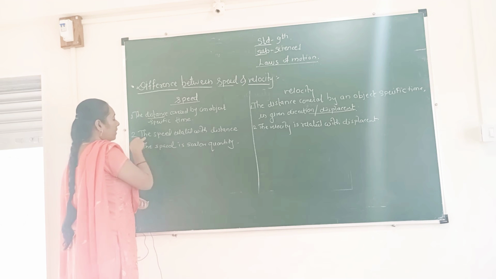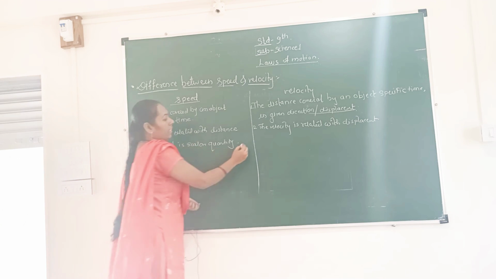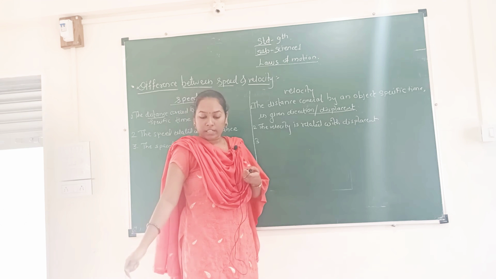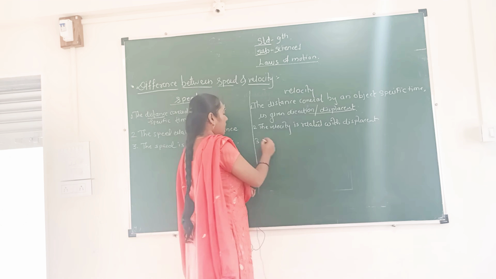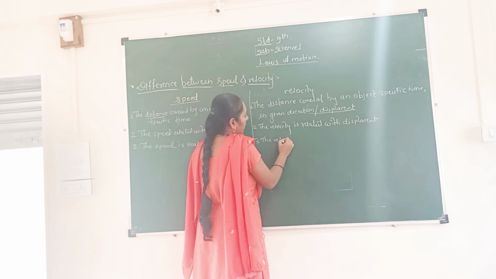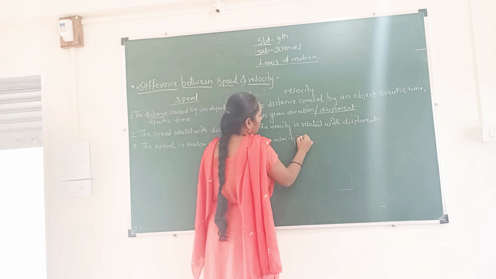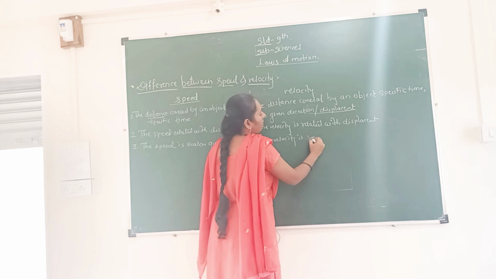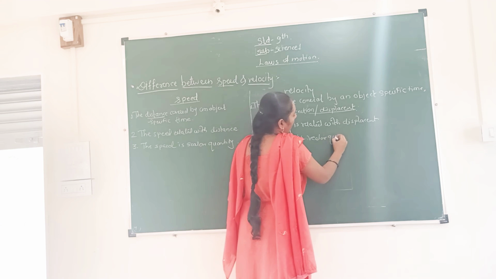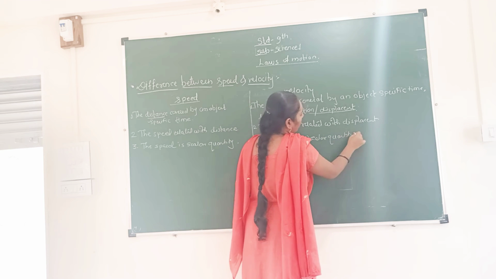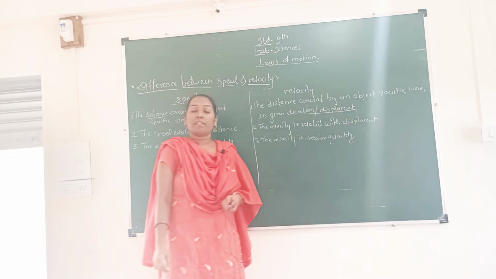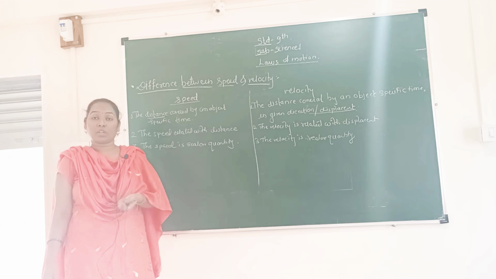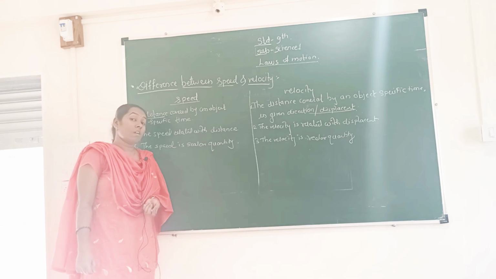And if the velocity is related with displacement, we can write that velocity is a vector quantity. We have already seen all these terms. What are vectors? What are scalars? Which quantities are said to be vector quantities? Which quantities are said to be scalar quantities?